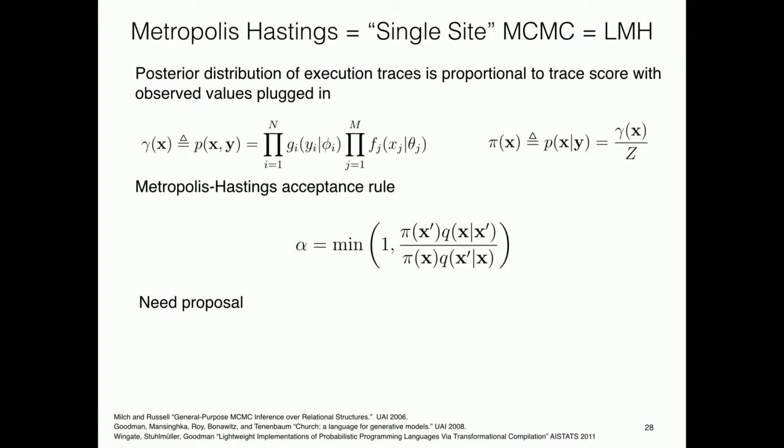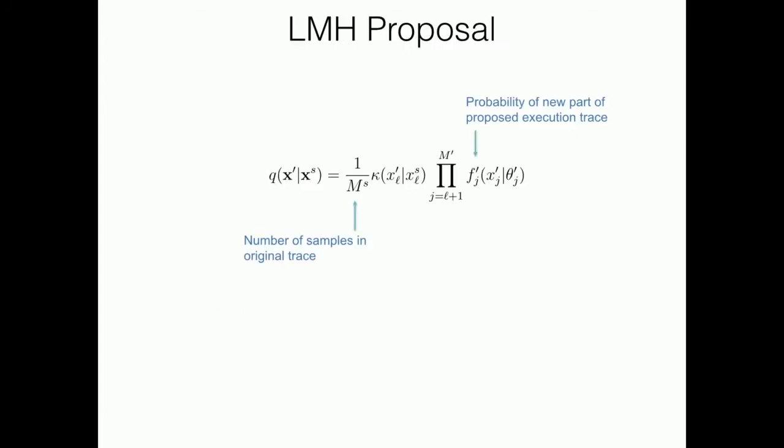We need to go from some initial set of random variables to a new set of random variables and compute the log joint score for the proposal set and compare that to the log joint score for the existing set of random variable choices scored under the probabilistic program. Okay? So we need some sort of proposal, and that's where things get a little bit interesting in probabilistic programming.